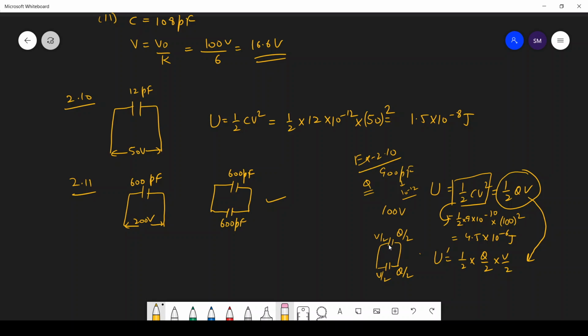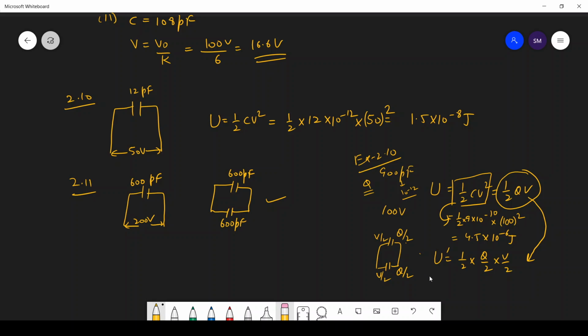So here this voltage, so what this comes out to be, okay, so this is the energy stored by one capacitor, right? This is the energy stored by one capacitor.